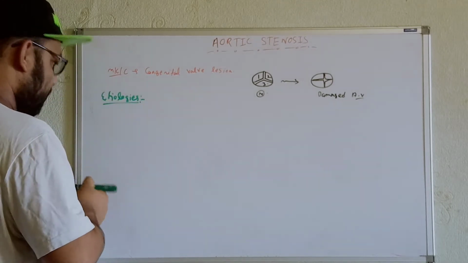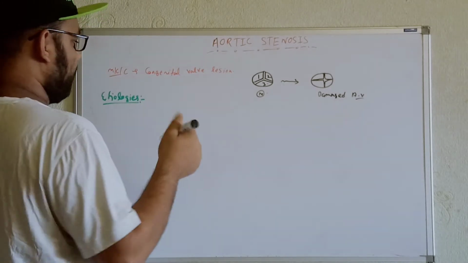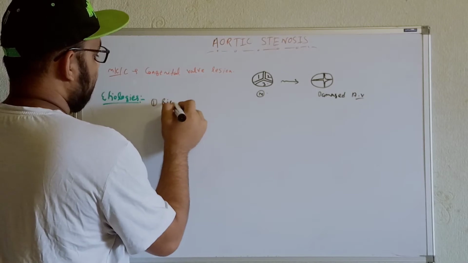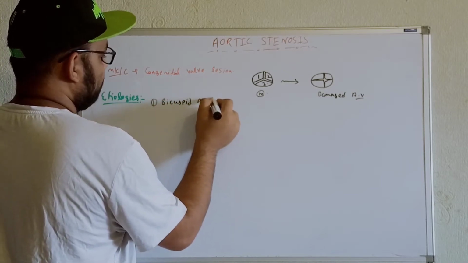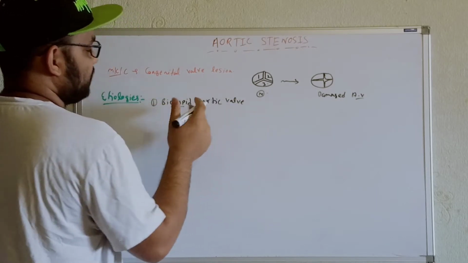Now see, in terms of the etiologies, the first thing: in terms of the pediatric age group, we will get a bicuspid aortic valve. You will get bicuspid structures over here.